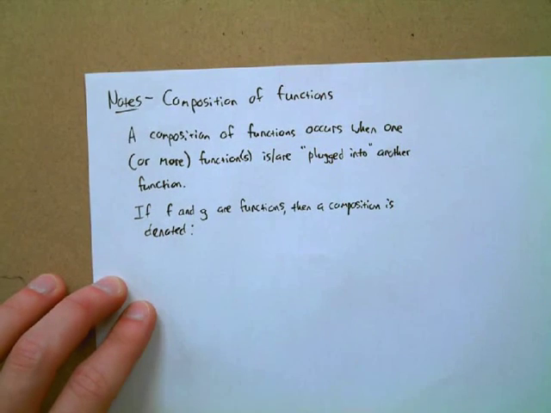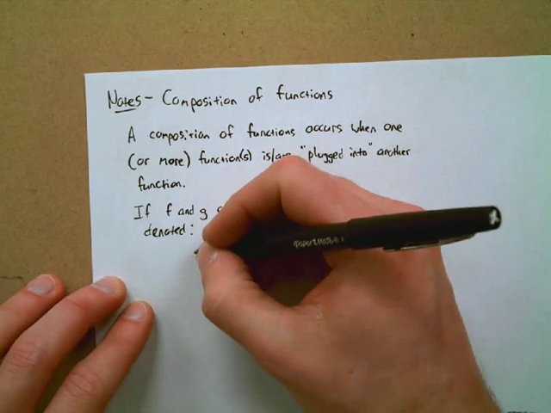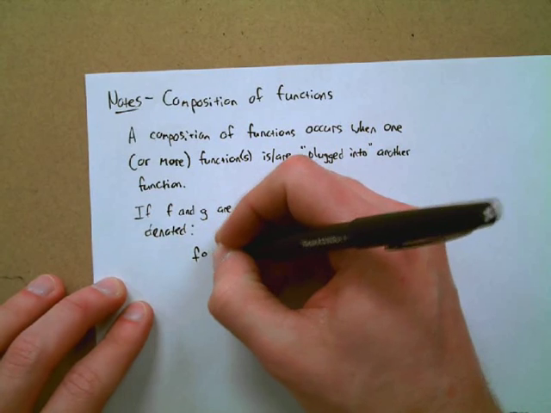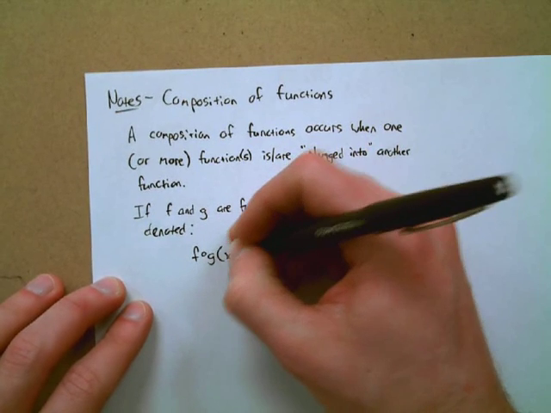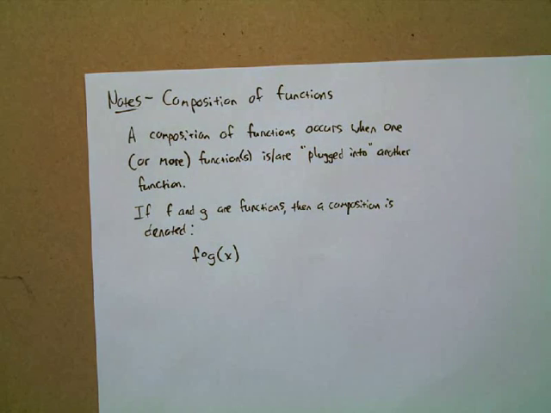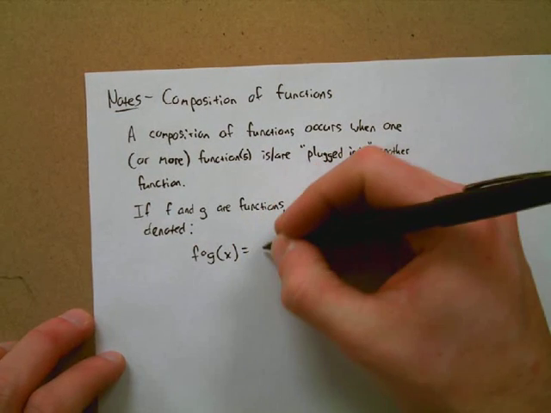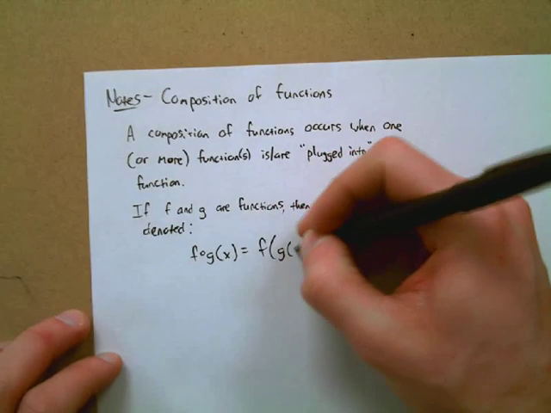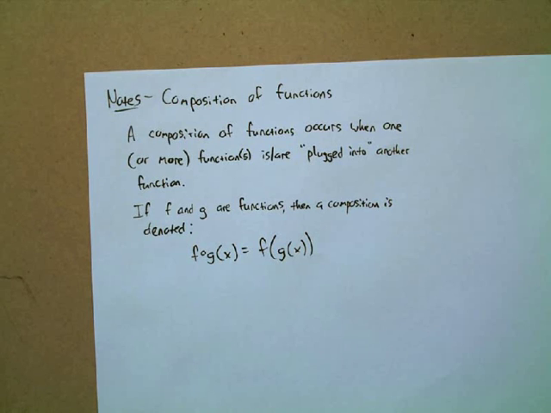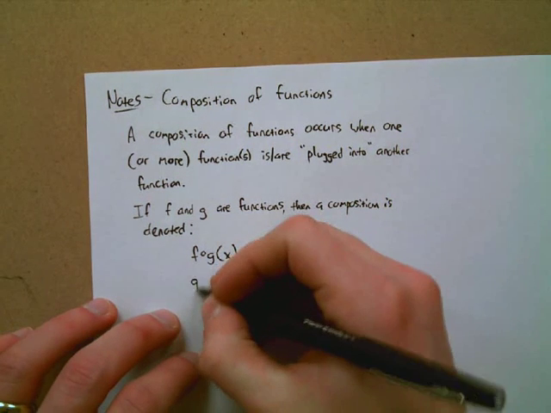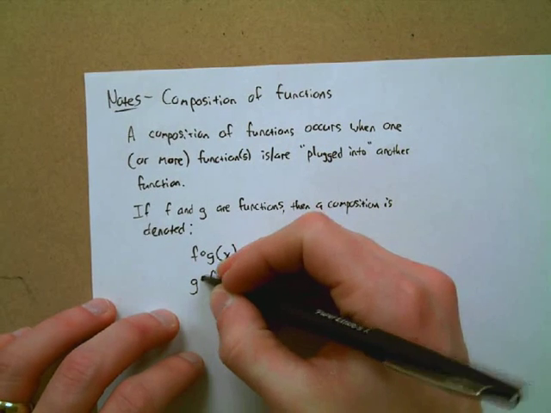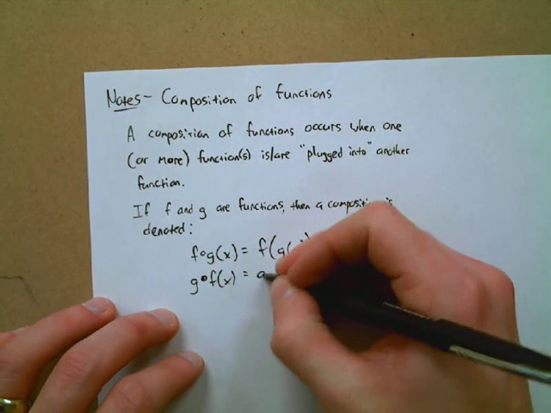One way, you can write f o g, a little open circle up in the middle, almost like the multiplication symbol, but an open circle instead of a filled-in dot. F o g of x really just means f of g of x. So g in this case is plugged into the function f. And then we can also do it the other way, g of f of x, where you reverse it. F now is plugged into g.